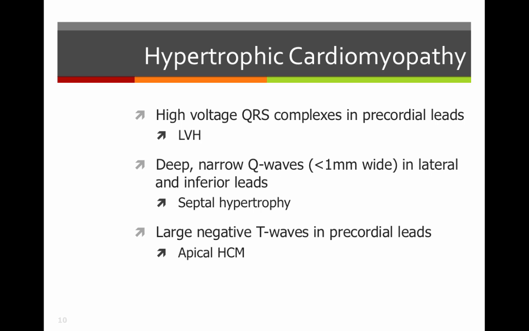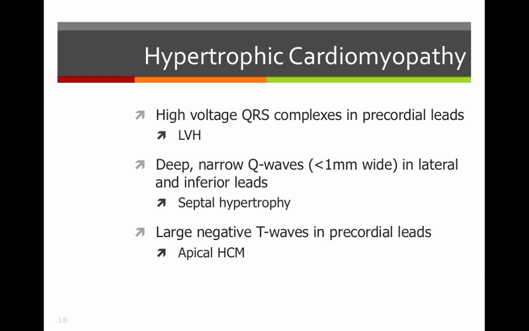If they have septal hypertrophy, a hypertrophied septal wall in the heart, you'll also see very deep pathologic Q waves, although they'll be narrow, less than 1 millimeter wide in most cases. You'll see these in the lateral and inferior leads, more commonly in the lateral than the inferior. You might also see large negative deflected T waves in your precordial leads, and this leads us to think about an apical hypertrophic cardiomyopathy.